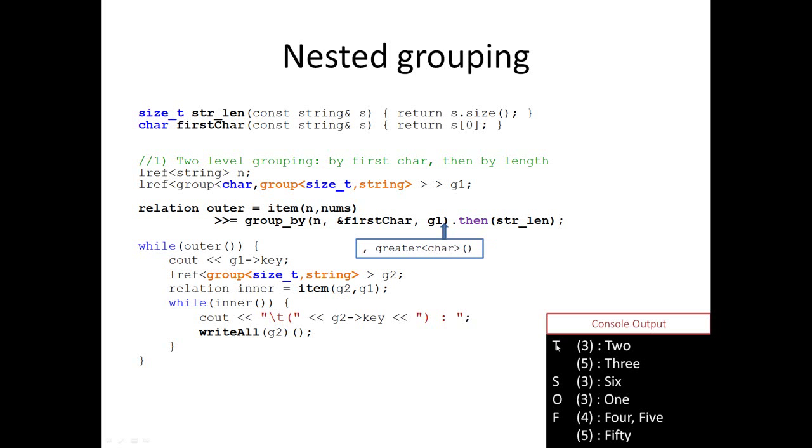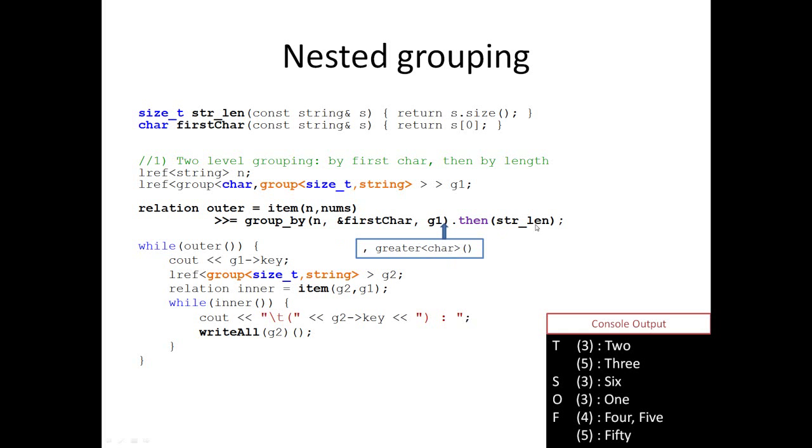So notice T is now first, followed by S, then O and F. So by default, the sorting is done using std::less. You could use std::greater to change it to a descending order, or you could provide a custom function object which could do, for instance, case insensitive comparison in ascending or descending order.